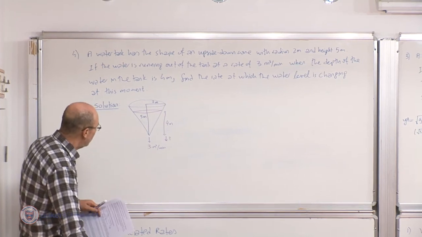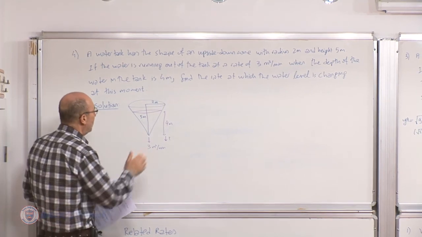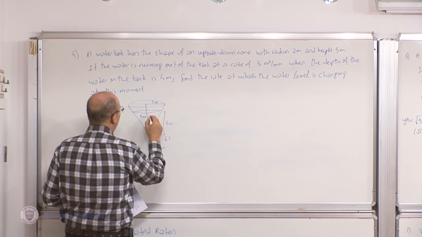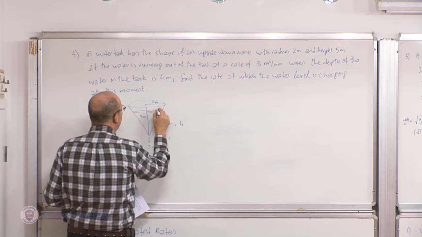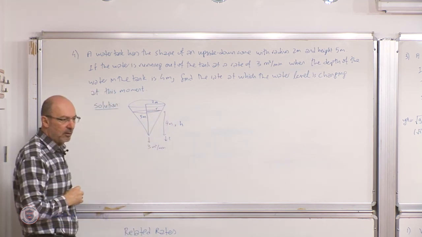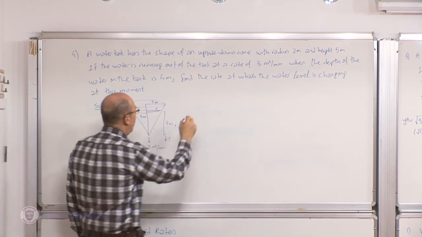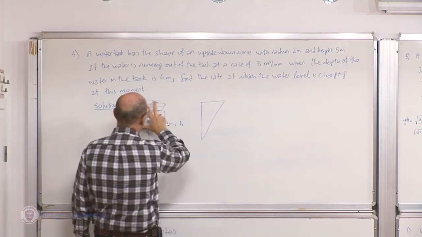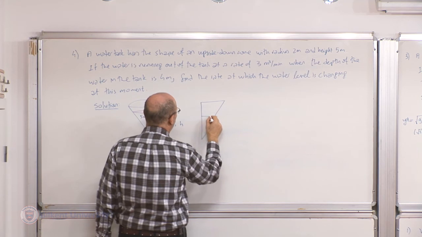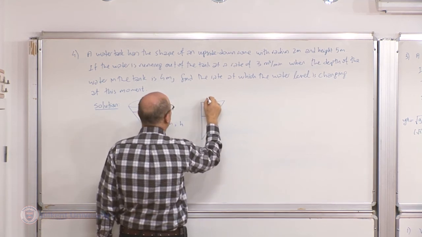Okay, so let us give names to this. At any moment, let us call the height h and this radius r. So we are in a triangle like this. I'm just taking this part. So this is r, this is 2.